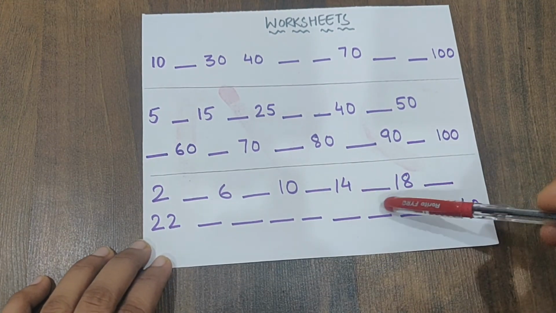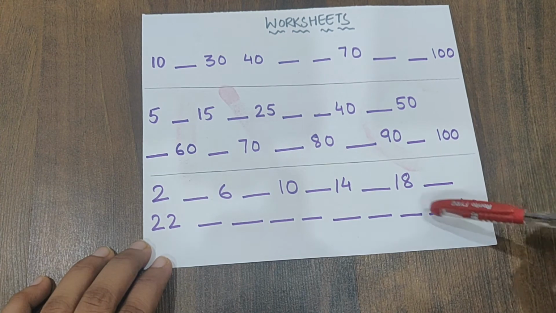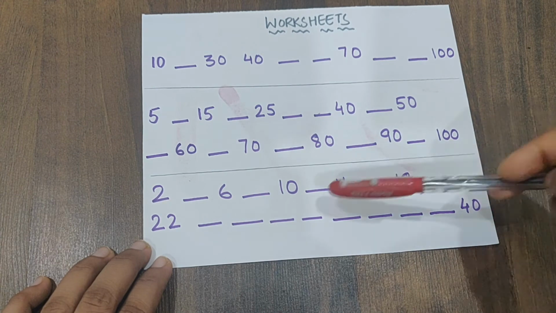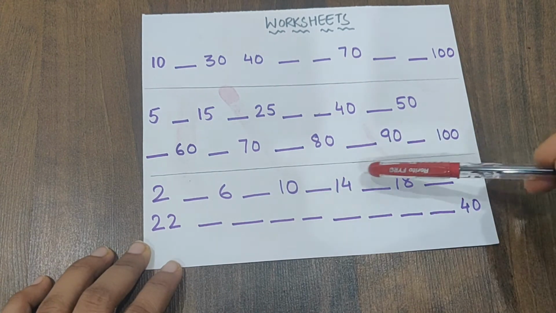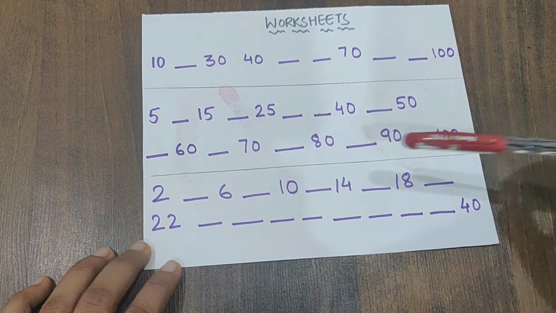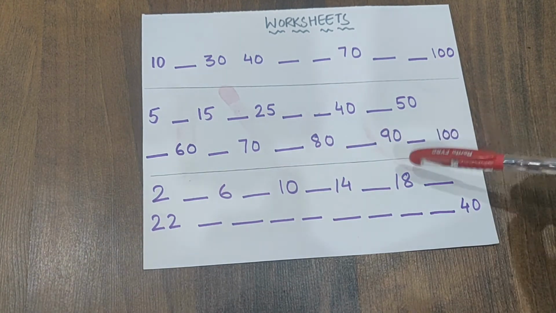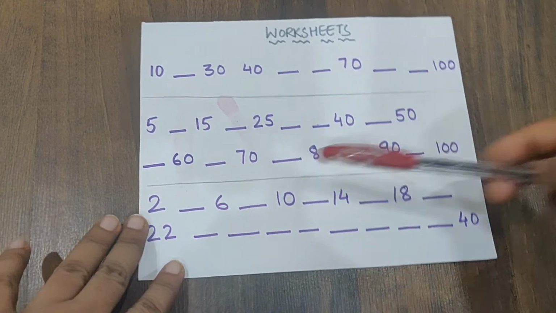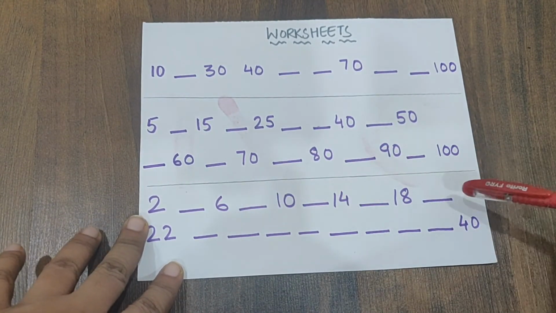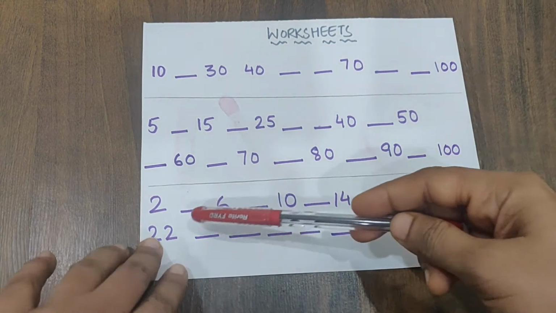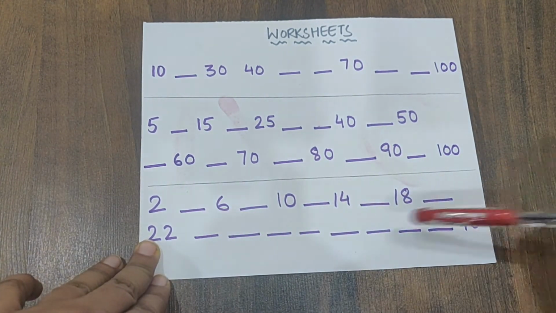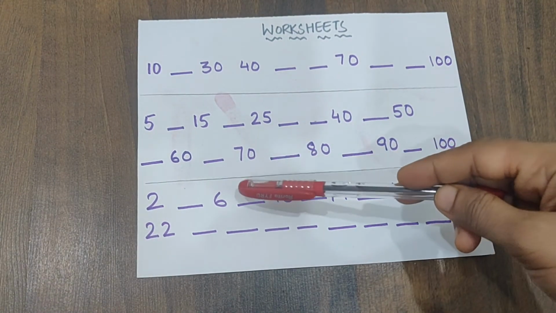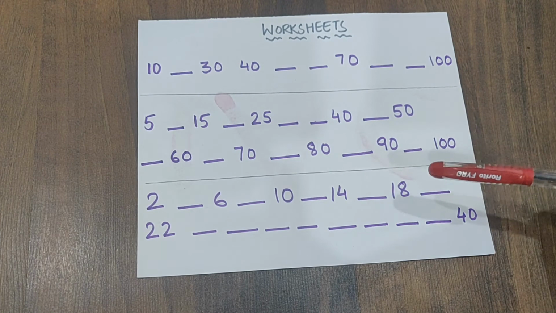Similarly, skip counting by 2 is pretty big, because you just need to skip by 2 and by reaching 100 there are a lot of numbers. So you can divide the entire grid into 2 parts, say first from 2 to 40 and then from 40 to 80, and accordingly you can keep on increasing. So first of all I have already shown you how we can keep on increasing the same. Again, if you want to make it more complex, give straight blanks reaching up till 40. If you want to keep it easy, make sure you give one number between the blanks.